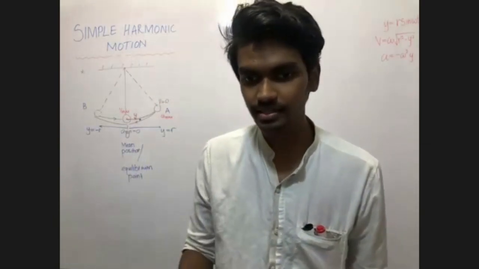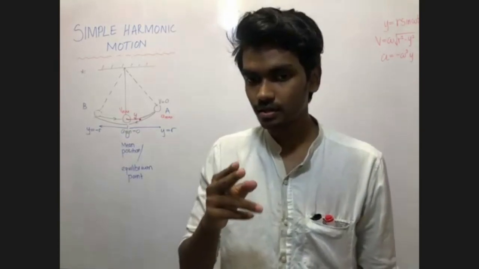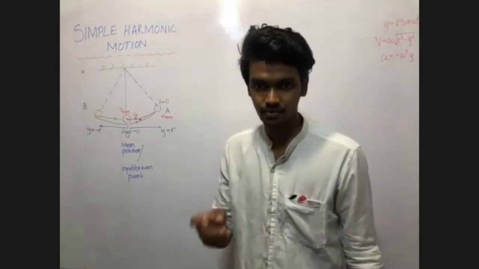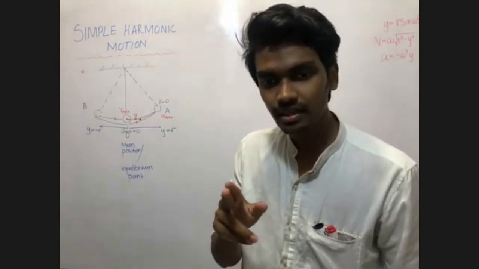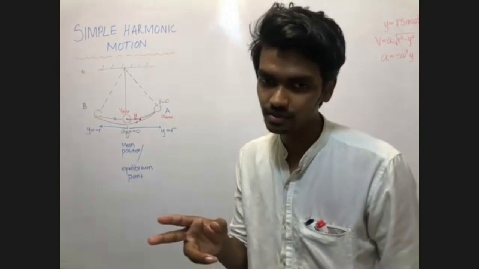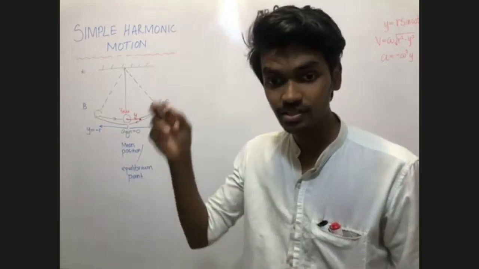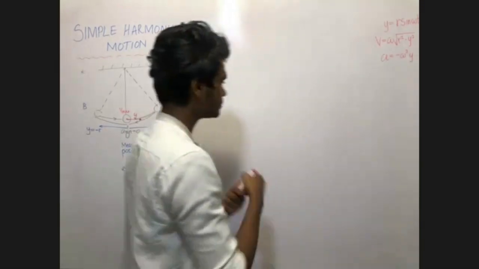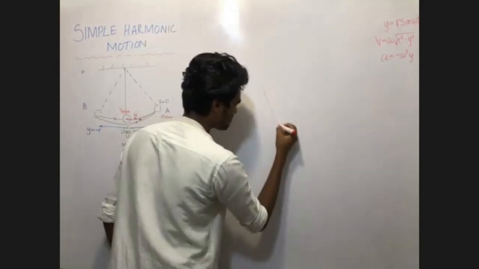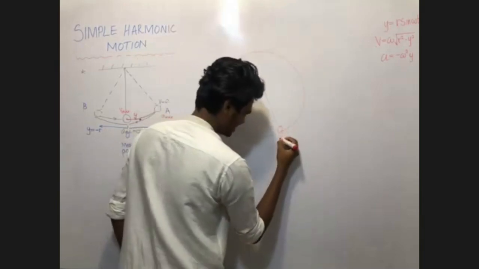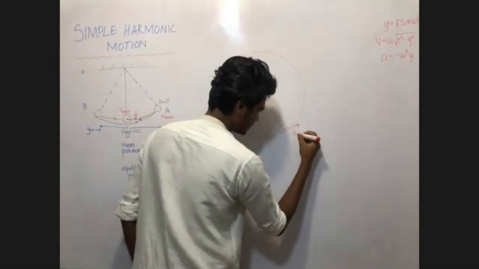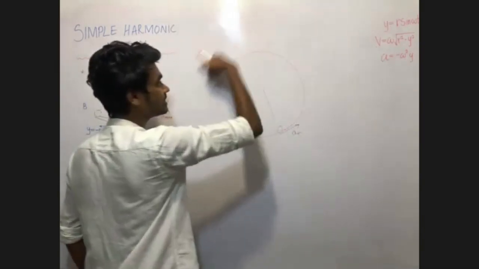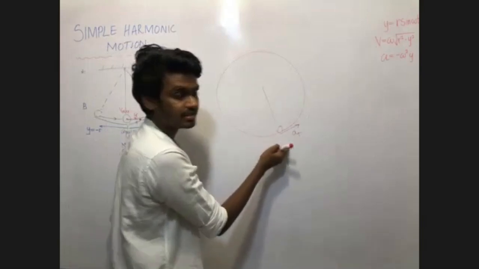When the angular velocity is constant, then tangential acceleration is 0. If the tangential acceleration is 0, which means in the tangential direction the velocity doesn't increase.